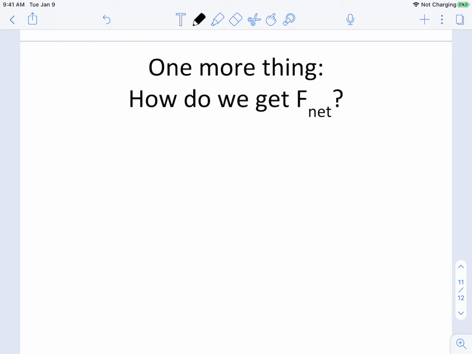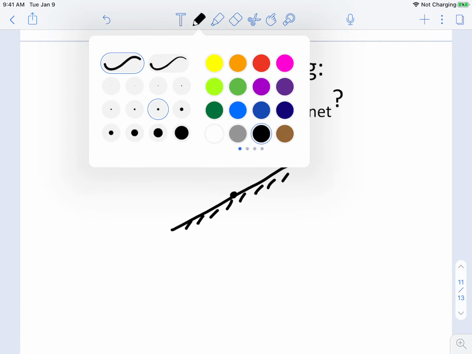So just for fun, we are going to put the sled on a surface that is an inclined surface, so down a hill. Okay, and the sled is not moving because of friction, so we have to put in all of our forces.